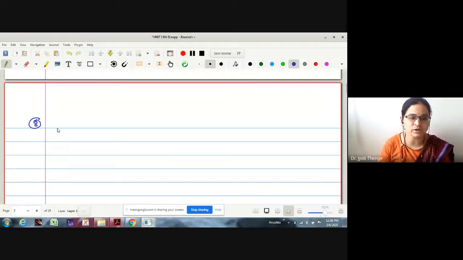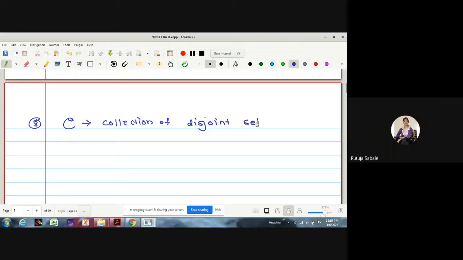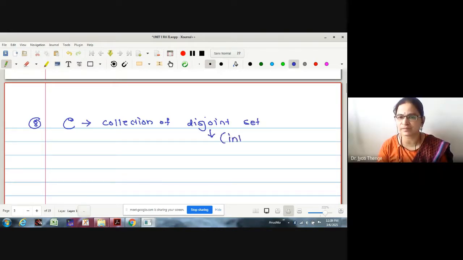For this I will use the notation curly C as a collection of disjoint sets. What is a disjoint set? Sets having no common elements. The intersection is empty.